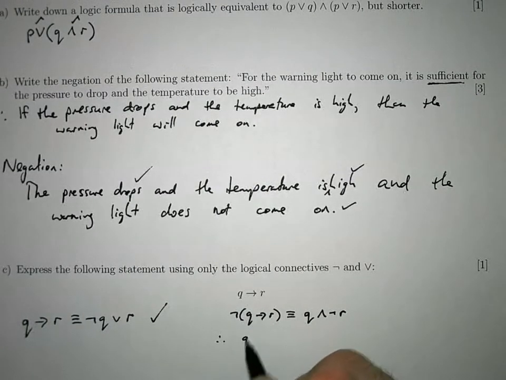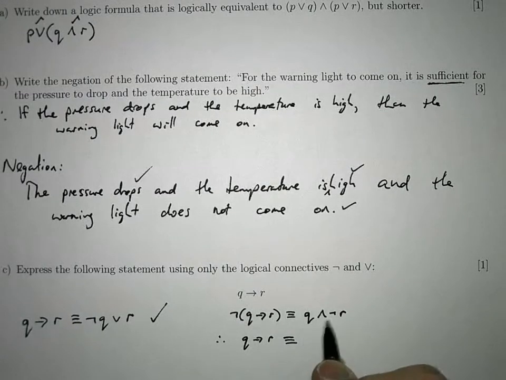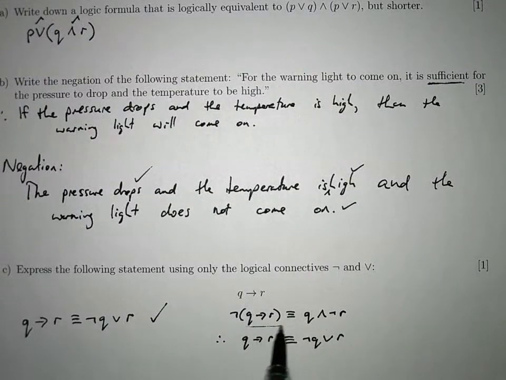But if we negate both sides, this side just by double negating gets back to what we started with, and this side we negate using De Morgan's law, so that becomes not Q, the and flips over to or, and then not R becomes R. We've got a way back to our answer, a logically equivalent formula that I think is a little easier to remember. But either way, whether you remember it this way or work it out, you'll get your 1 mark.